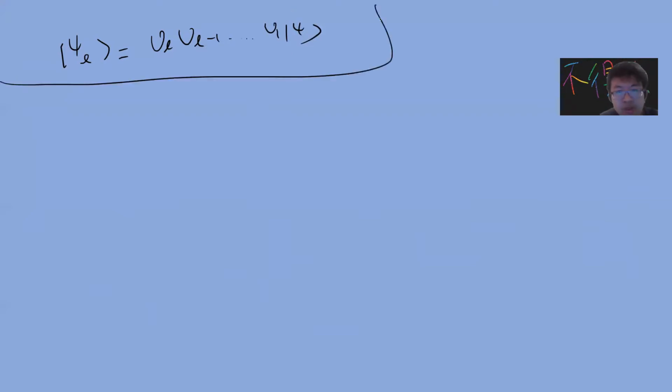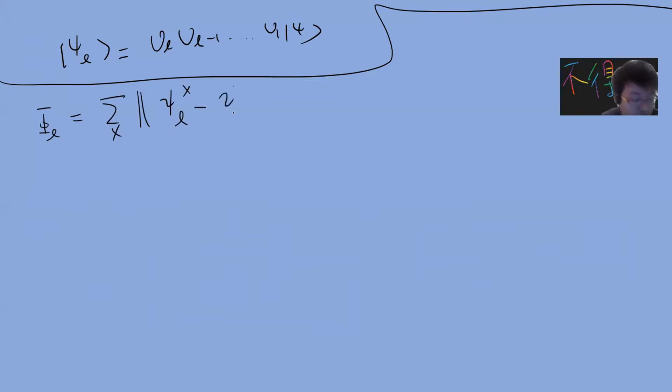Then one can define our psi_L^0, where you don't use any oracle. We don't use any queries. One can define phi_L to be the summation over x of the norm squared of psi_L^x minus psi_L^0. Sometimes I will use this, sometimes I will use that, but they are the same.